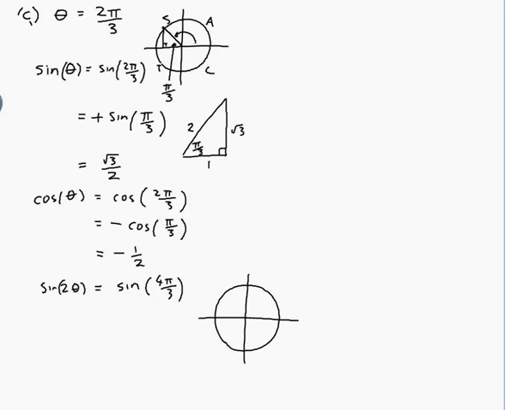There's the y-axis, there's the x-axis. Now, pi is here, and 4 pi on 3 is 1 1/3 pi, so we go all the way around and we do a little bit more just here. So there's my 4 pi on 3. Here's the triangle I'm interested in, just here. Go back, draw your triangle back to the x-axis. And the angle in my triangle that I'm interested in is just here.